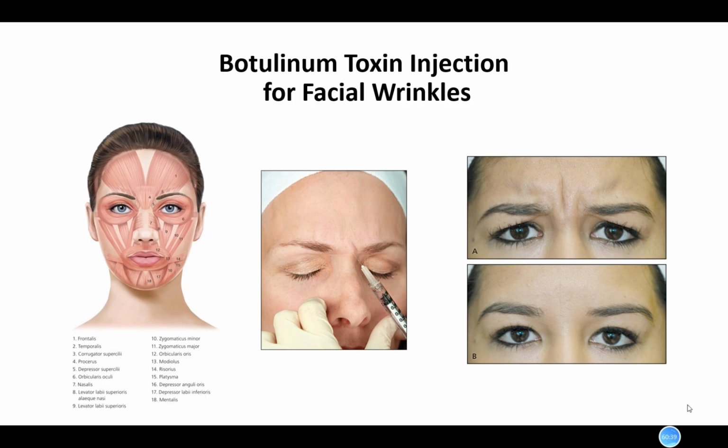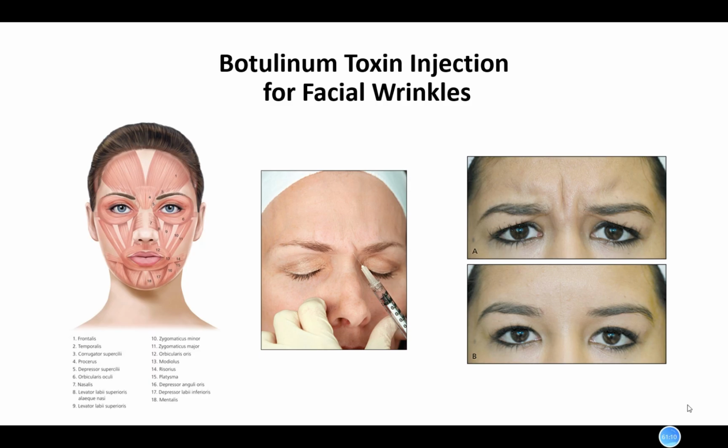The botulinum toxin induces the relaxation of muscle. So this is what happens. When we get old, we lose the fat underneath the skin, and the amount of collagen is also reduced, so you feel that the skin is not as good as when you were young.